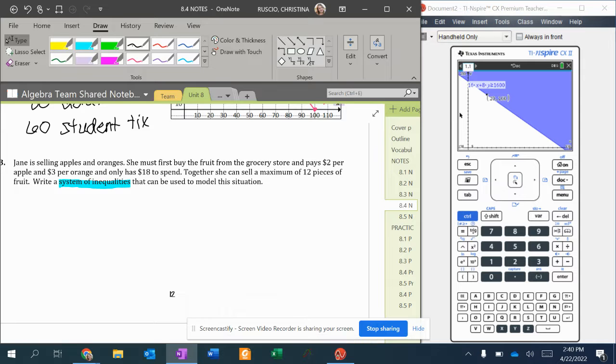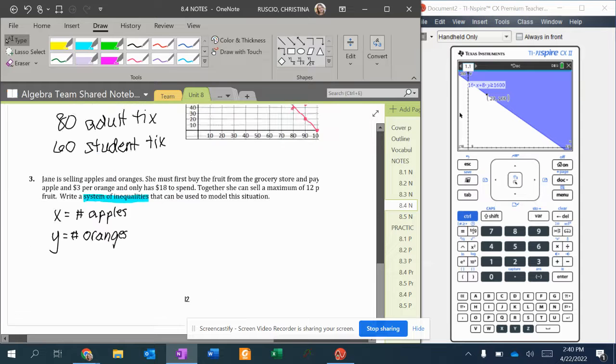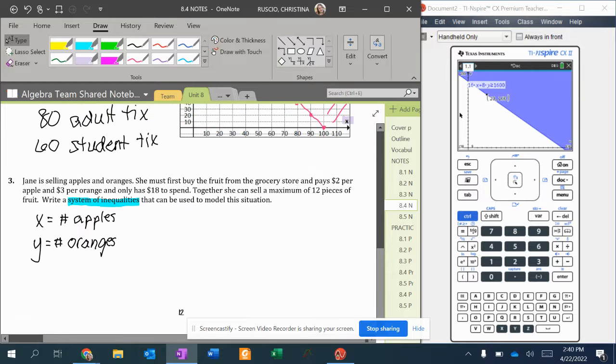So if we have 2 inequalities, that means we have 2 variables. So I'm going to bring in X and Y. And to me, I need to figure out the number of apples, right? Isn't this what we're trying to find? So the number of apples, and then the Y can be the number of oranges.